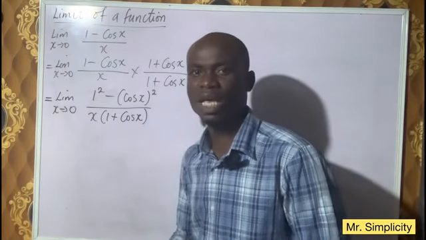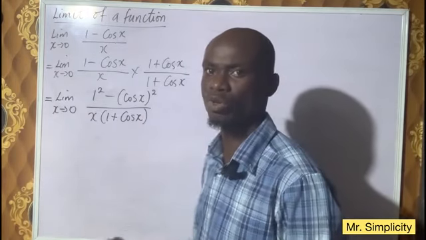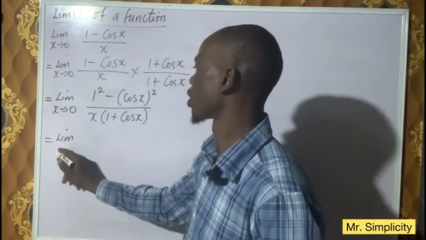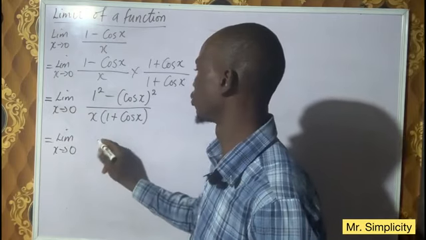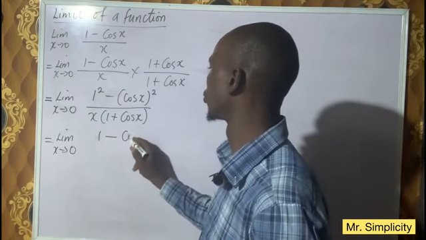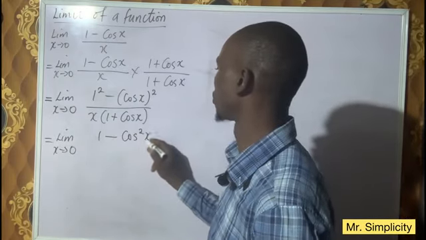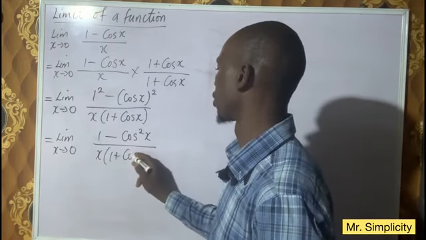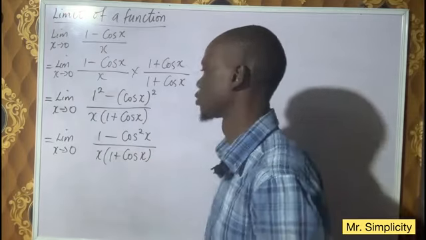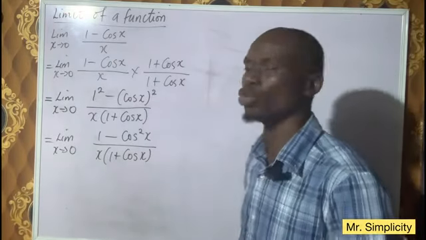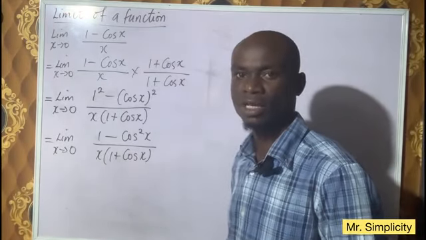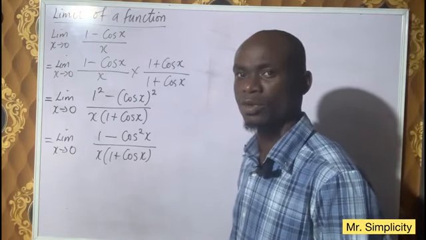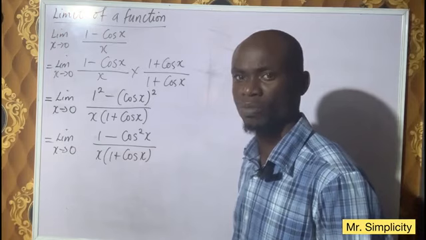When we say cos x squared, it's the same thing as cos square x. It means that what we have now is limit as x tends to 0, (1 minus cos square x) all over x times (1 plus cos x). The first challenge we face in this question is that we need knowledge of trigonometry.